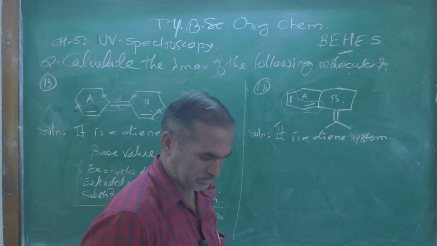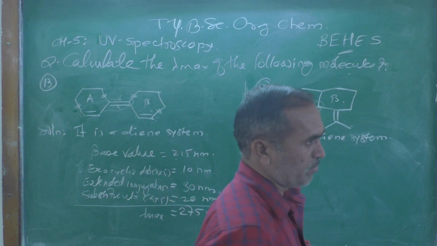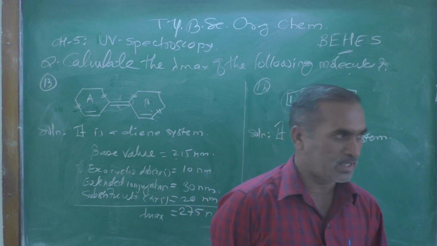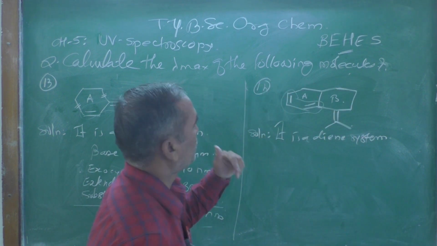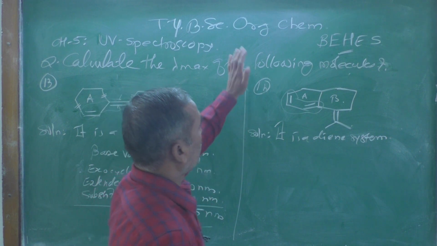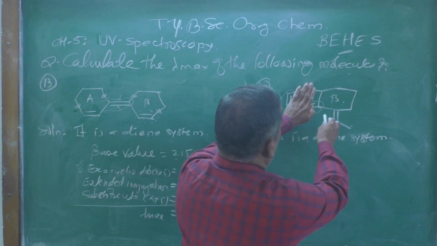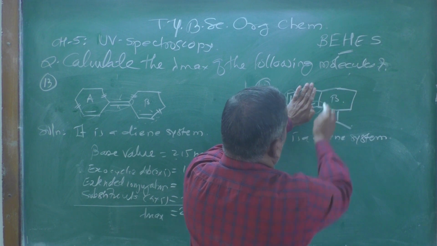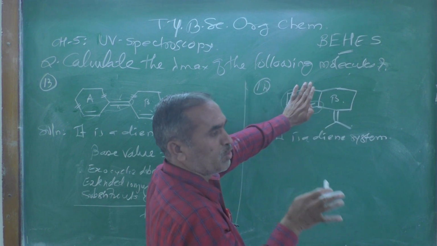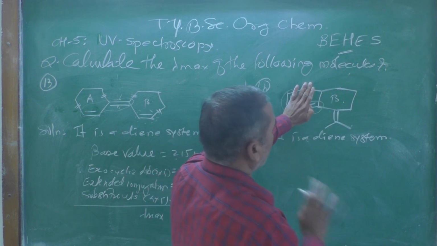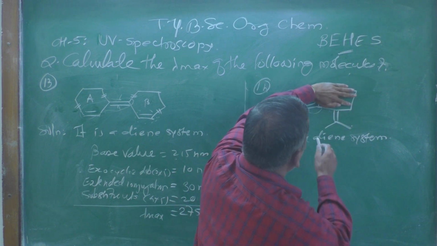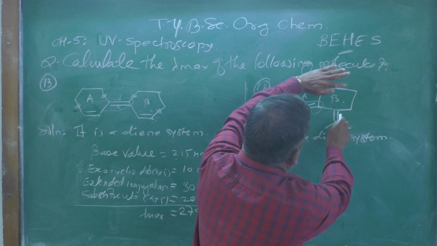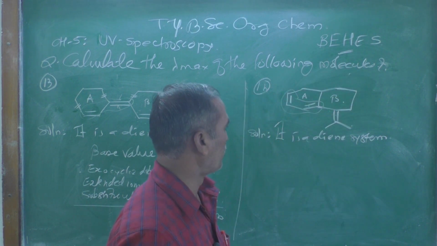Now E means exocyclic double bond. How many exocyclic double bonds are present here? You have to calculate it. If you put a hand on ring A, there is an outside bond, but it does not contain a double bond, therefore no exo. If you put a hand on B, you can clearly see there are 2 double bonds outside.